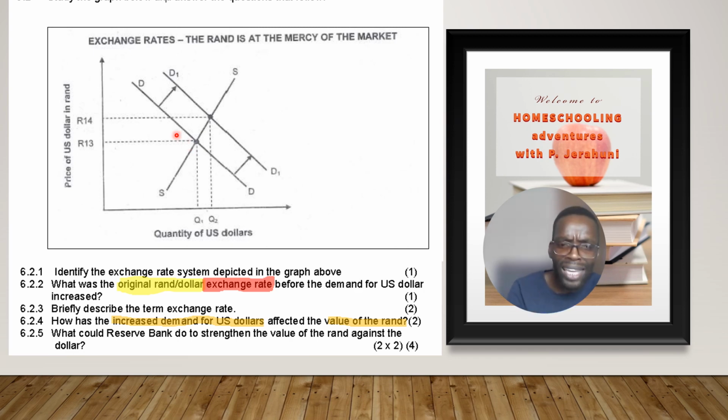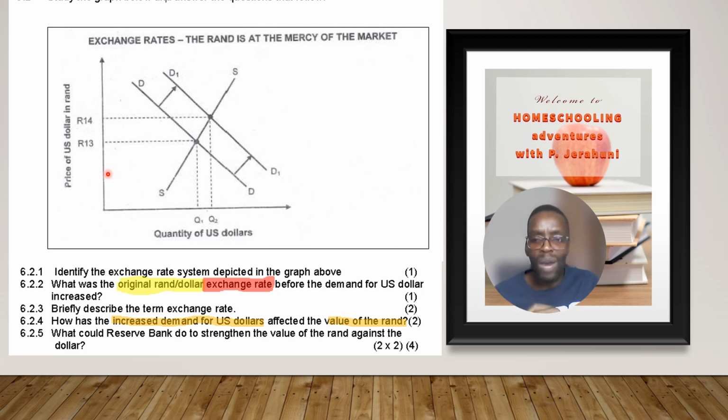Why are you saying it is now worth less when I now have 14 here? Before it was 13. The answer is very simple. It's now worth less because it means I now need more South African rands, in this case 14 rands. Before I needed 13, but now I need 14. So I need more South African rands to be able to get the same unit of the US dollar. You understand?